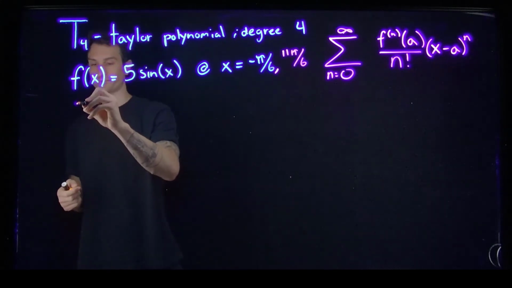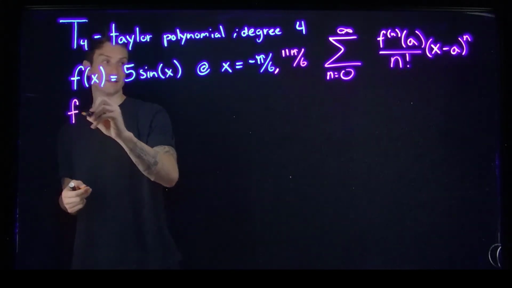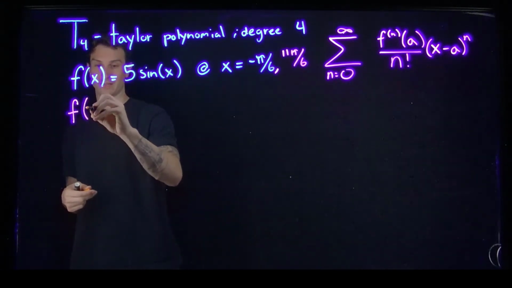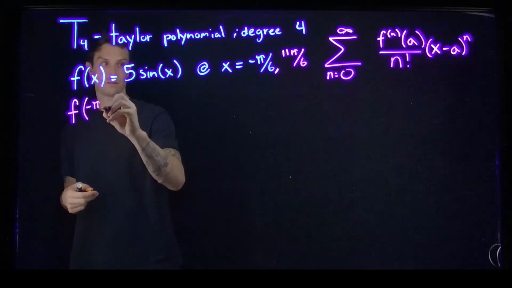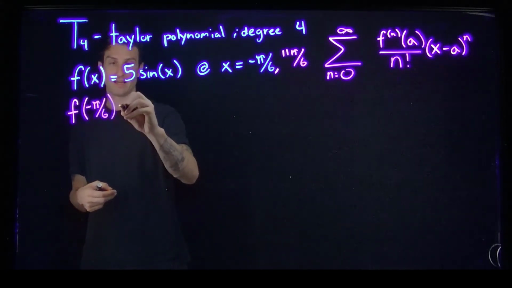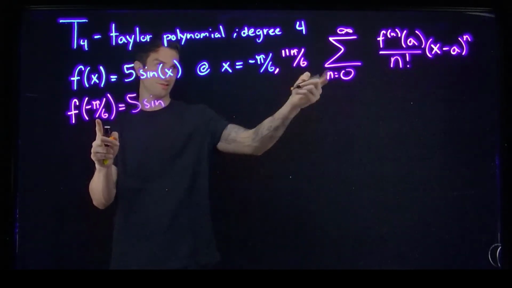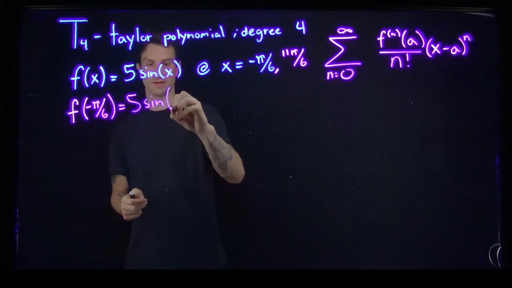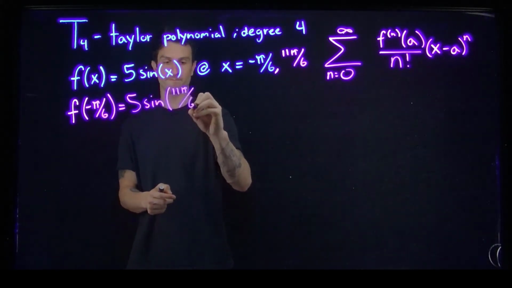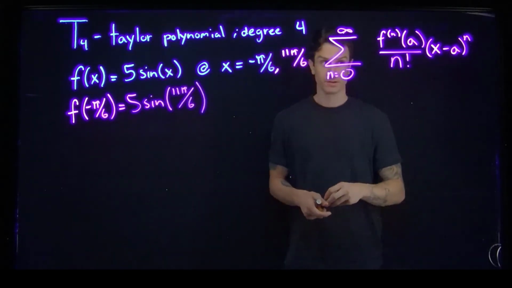So we will say f of negative pi over 6, which is 11 pi over 6, but I'll leave it, is equal to 5 sine, and I know this is dumb, but I'm going to use the other one because it's easier to evaluate, 11 pi over 6. I should have just written it here. Okay, so that's our first step.